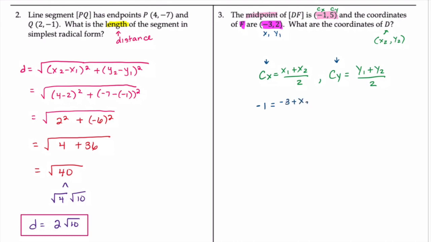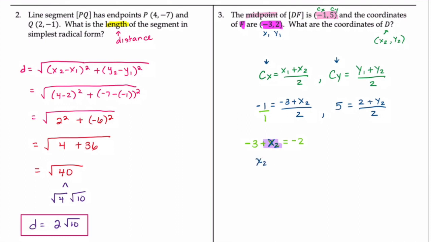I do not know what x sub 2 is. I'm going to do the same thing for c sub y. At this point, I could set up a proportion and cross multiply. What I'm looking for is to solve for x sub 2. If that gets confusing, just name it x without the sub 2, but it doesn't really bother me, so I am just going to deal with it.